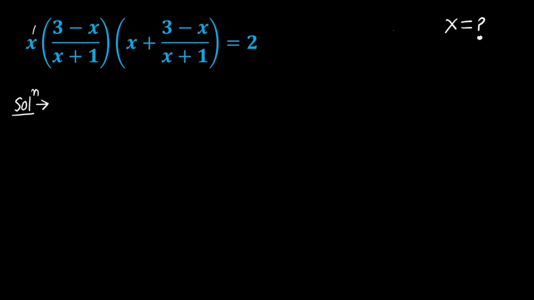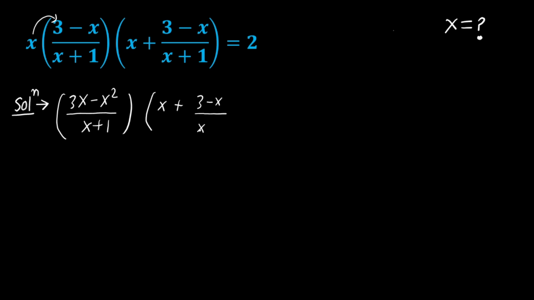If this x goes inside the bracket, then (3x minus x square divided by x plus 1) is multiplied by (x plus 3 minus x divided by x plus 1), and this is equals to 2.